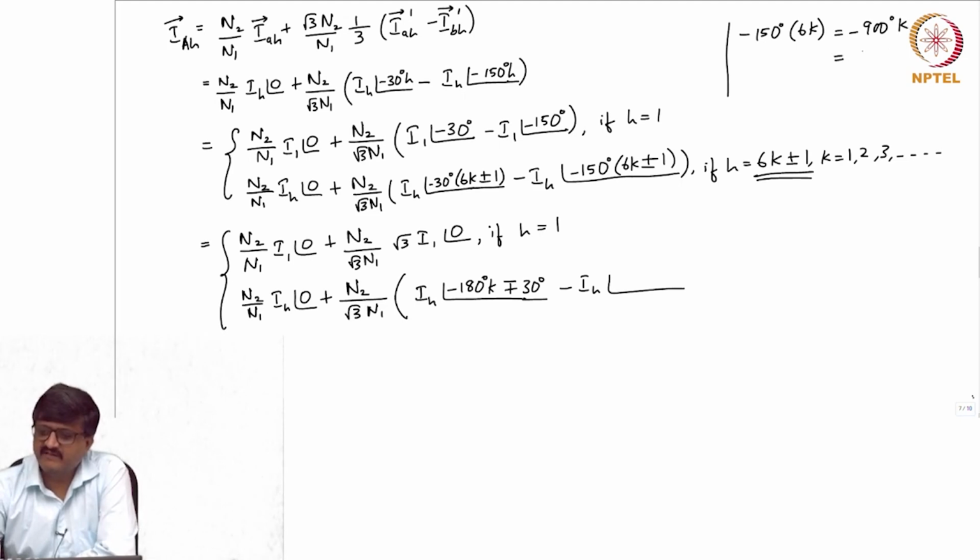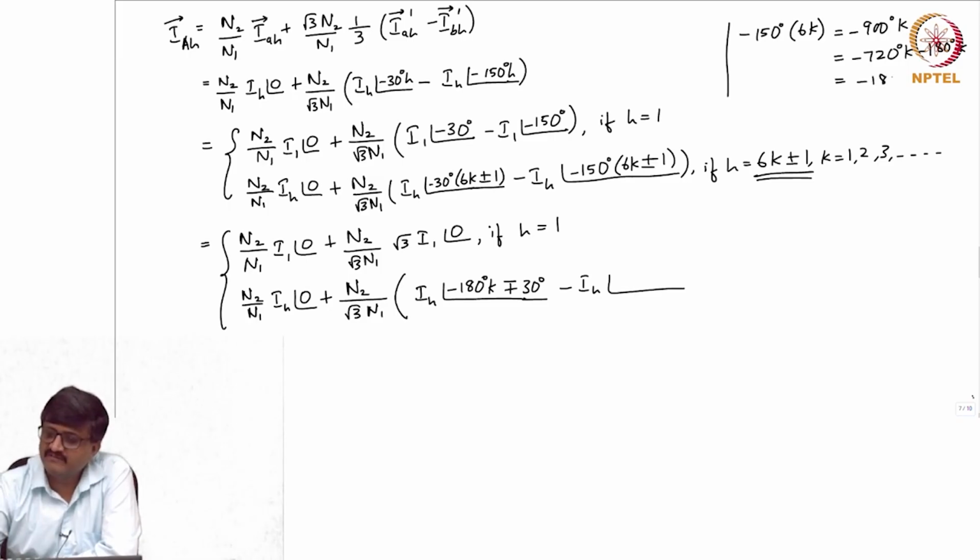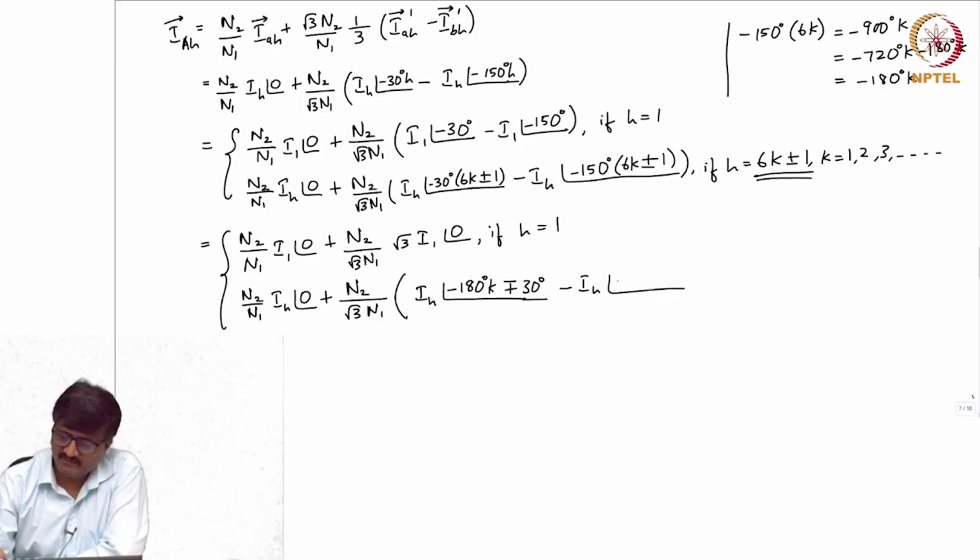Can I write this as minus 720 degree into k minus 180 degree into k? What is this 720 into k? K is a positive integer. Minus 720 is 2 times 360, so that is 0. So, this is equal to minus 180 degree into k. So, minus 150 into plus minus 1 is minus plus 150 degrees.